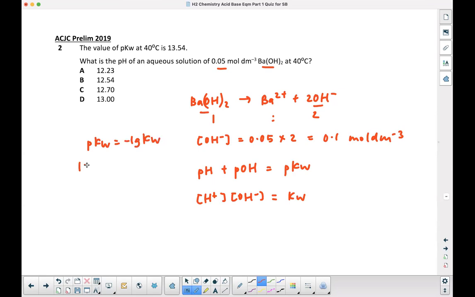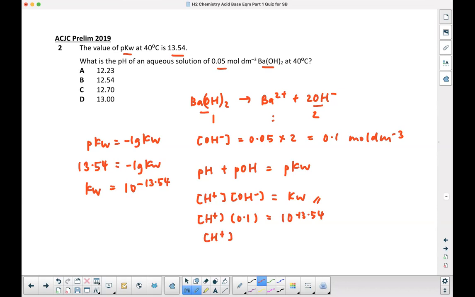Since they gave you the pKw, right? Can you see that? 13.54. So based on the formula, Kw is equal to 10 to the power minus 13.54. Right. So if you plug it in here, you can find out the H+ concentration. So [H+] times 0.1 equals 10 to the power minus 13.54. Right. So you work it out.